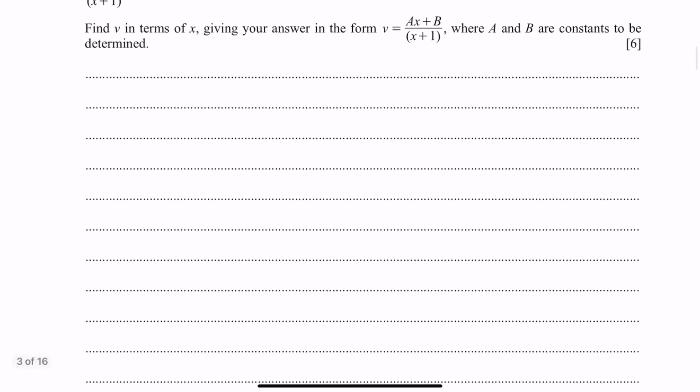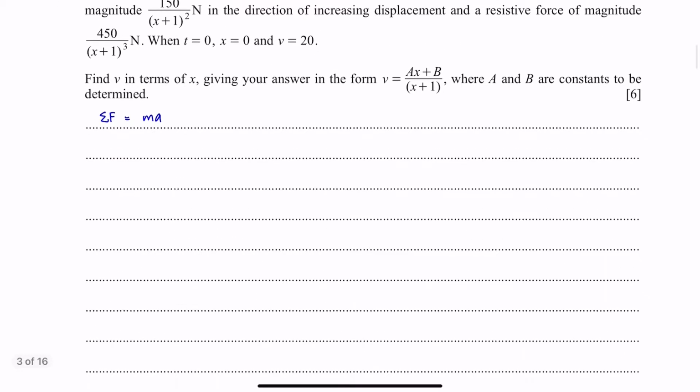Okay, so we can use the formula net force equals ma, and the net force would be 150 over (x plus 1) squared minus 450 over (x plus 1) cubed. So this would be equal to mass 0.5 kg times a.